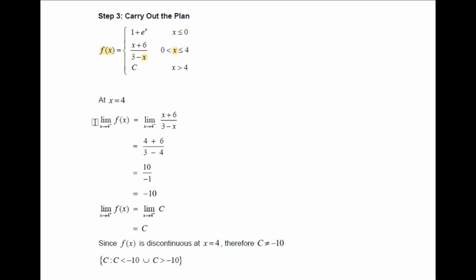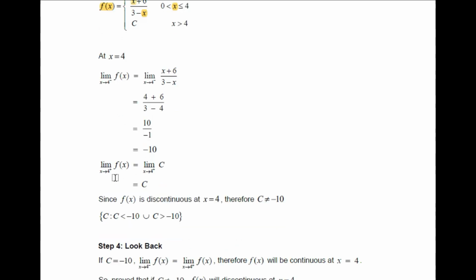First we consider the limit of f(x) as x approaches 4 from the left. The applicable part of the formula as x approaches 4 from the left is (x plus c) over (3 minus x). Then we solve this limit and we get the answer -10.